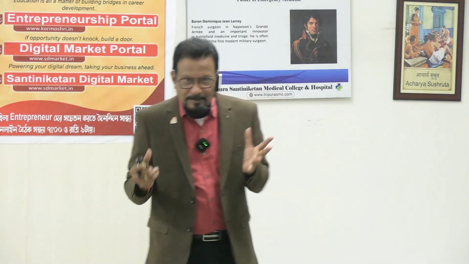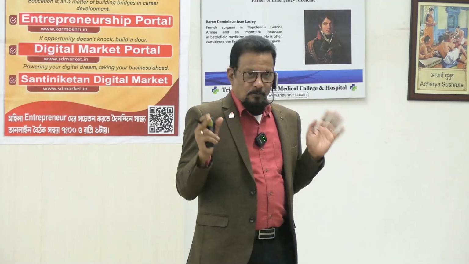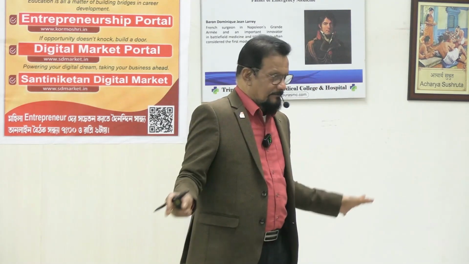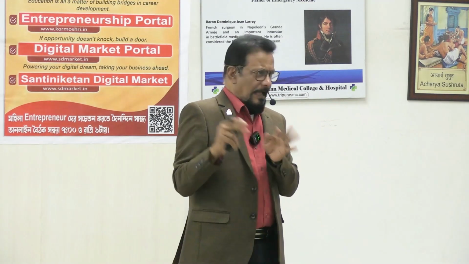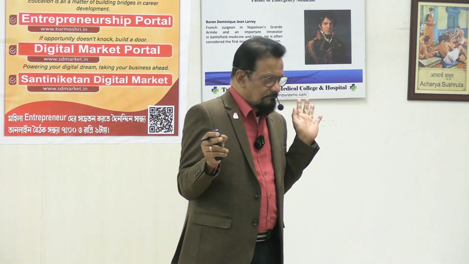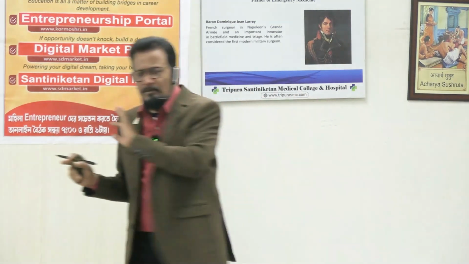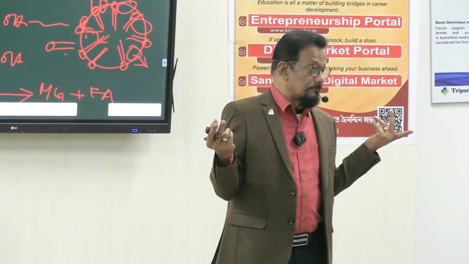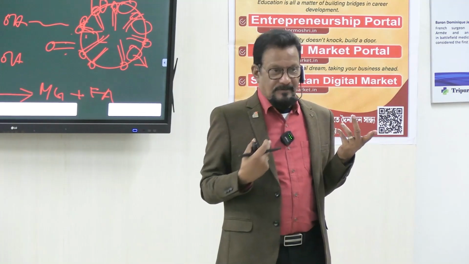This way the liver also decides what to be released into the blood for circulation throughout the body. And if there is any abnormal thing, it has to be degraded. I will be discussing the liver. The liver has a lot of functions. That's why without liver we cannot live. Without liver we cannot survive.